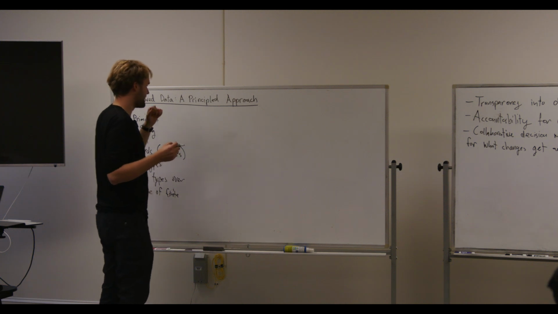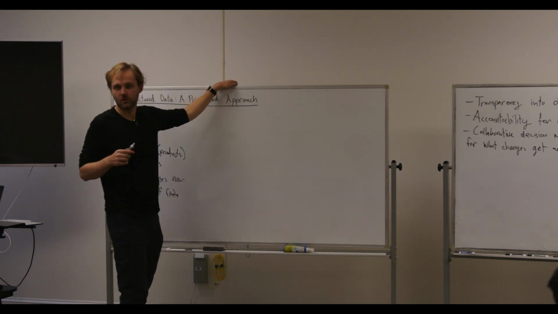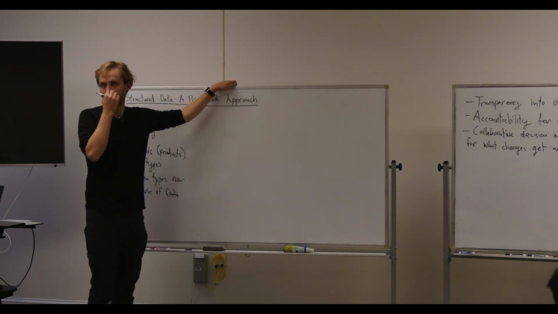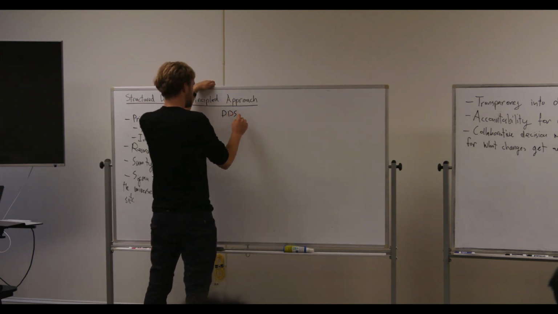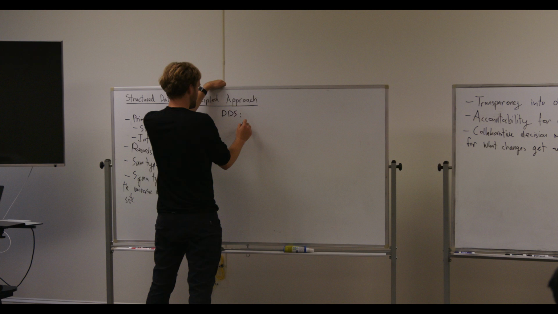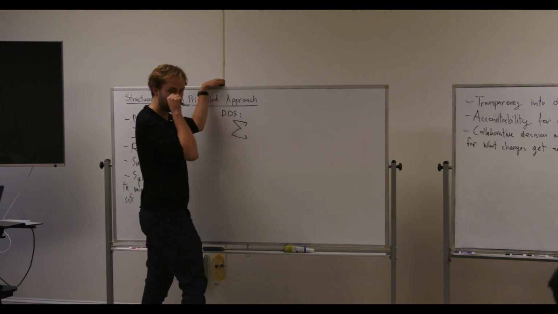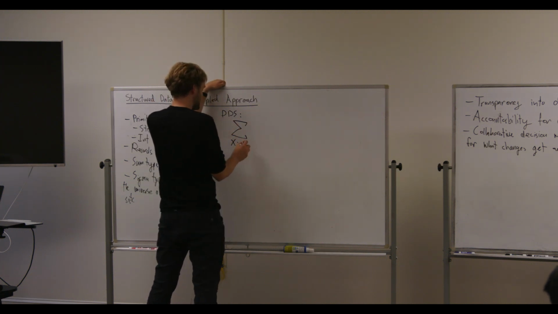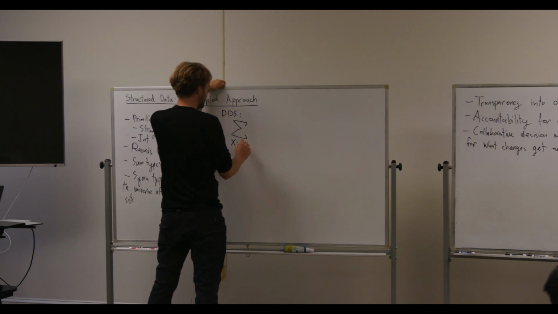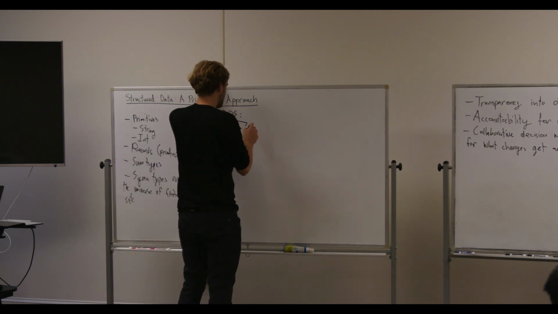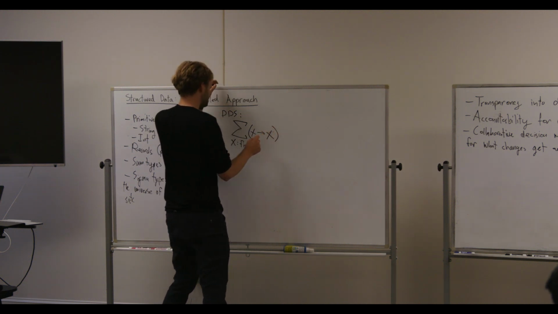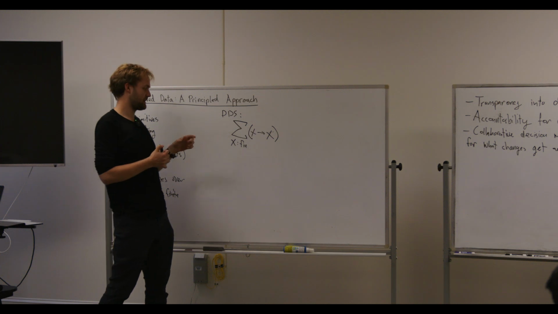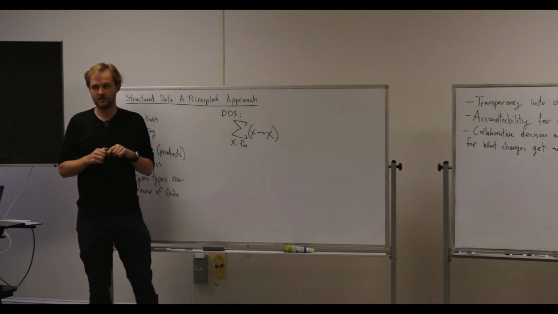So first of all, what is this? Well, I'm going to give an example for discrete dynamical systems, DDS. It's a sigma type, so I have this big sigma, X is a finite set, and then I have a function X to X. Now, this looks kind of like scary dependent types.